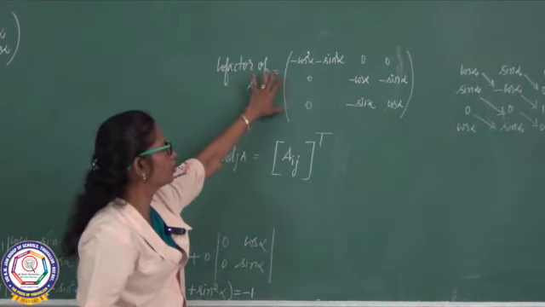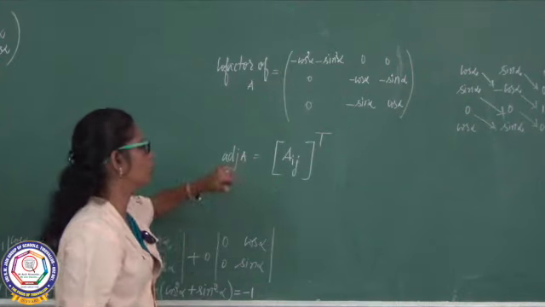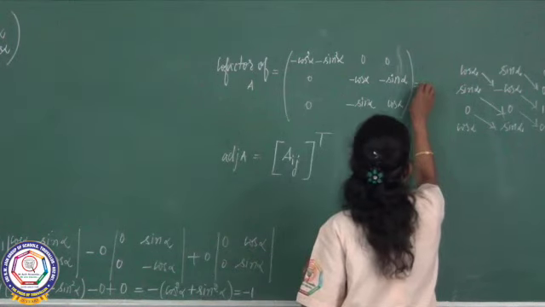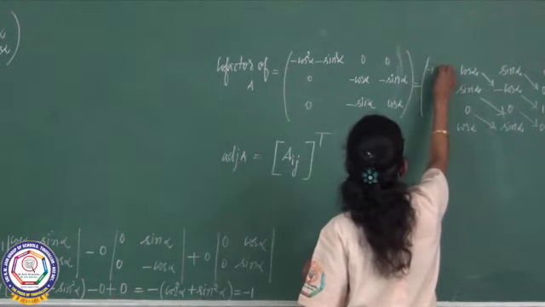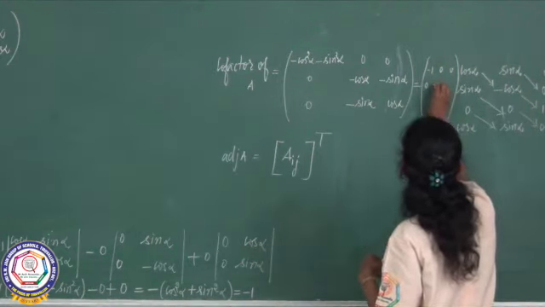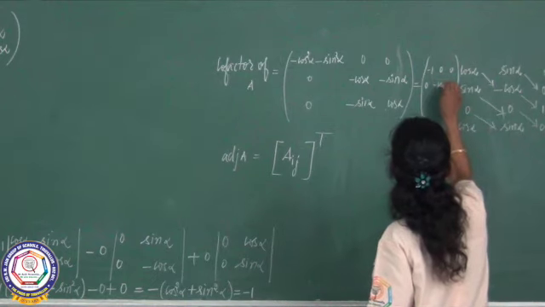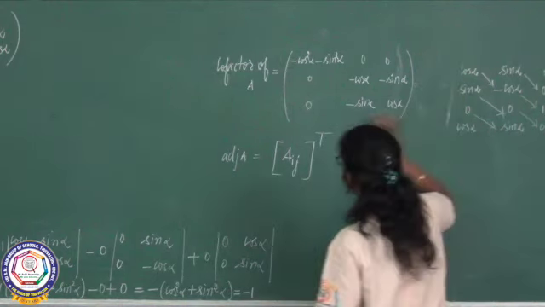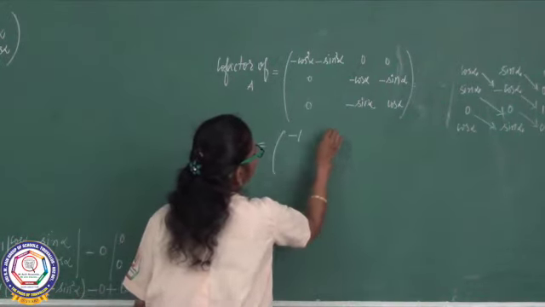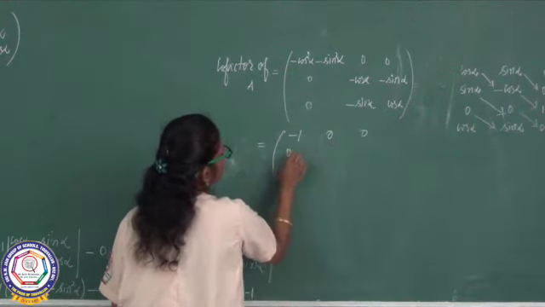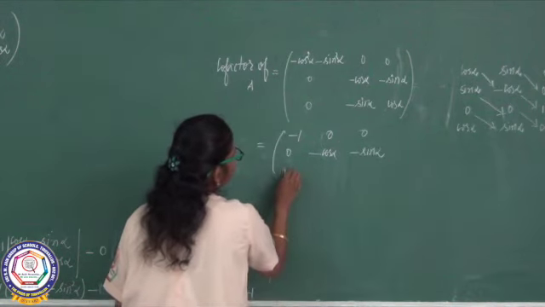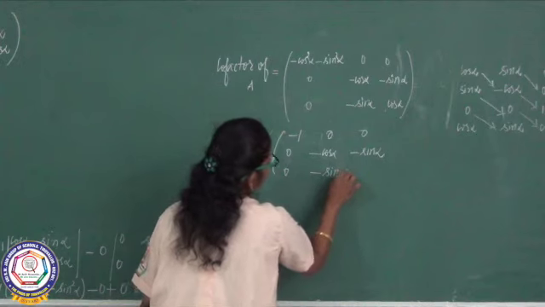Here we found the cofactor, and we are going to write its transpose. Simplifying, it is minus 1, 0, 0, 0, minus cos alpha, minus sin alpha, 0, minus sin alpha, cos alpha.